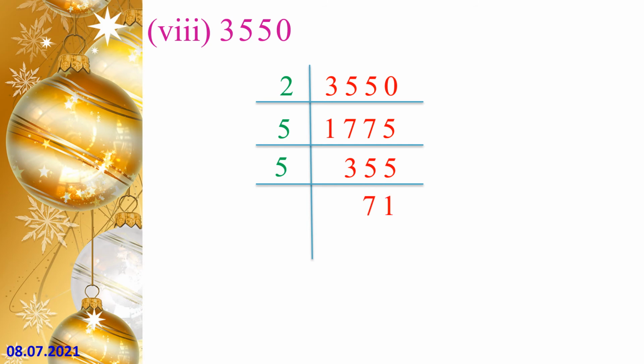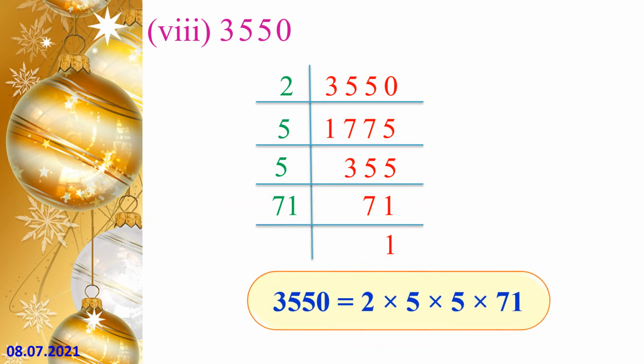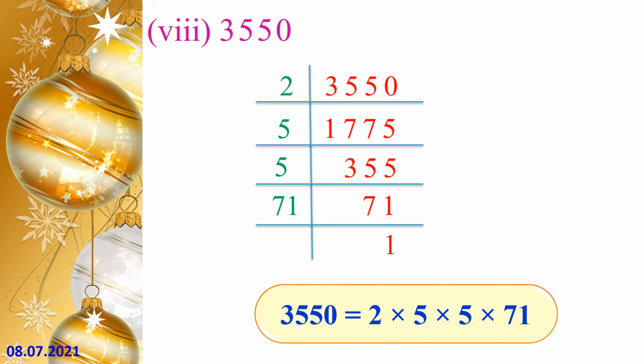See children, here 71 is a prime number or composite number? Very good, it's a prime number. Prime numbers means you have only two factors, 1 and the number itself. So now the divisor is 71. Now 71 divided by 71 we get 1. Now the prime factors of 3550 are 2 into 5 into 5 into 71.